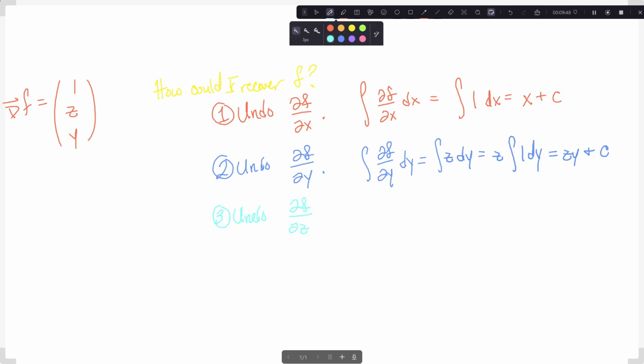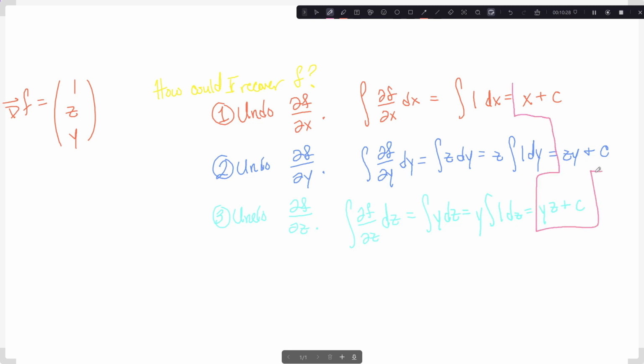And if I undo the partial derivative with respect to z, I'm going to take an antiderivative dz of the partial, which was y. I recover the integral of y dz, and just like before, y is along for the ride, and I get yz plus c. Okay, these three do not agree. My three antiderivatives don't agree.